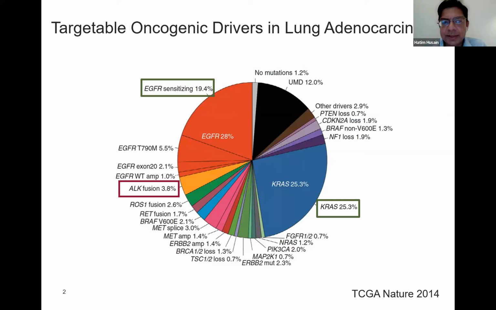Joel has mentioned that on this slide, there's no NTRK, there are RET fusions, but I may ask this question for both Joel and Geoff. Bert Vogelstein published a paper, really as an editorial, saying that most of the genes that are targetable have already been discovered.